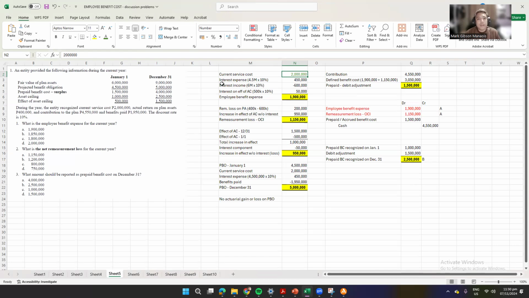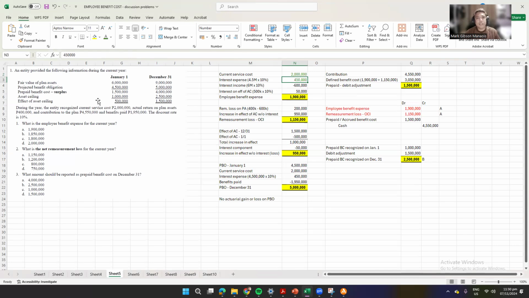That's given. Interest expense, class, alam na natin paano tayo mag-compute niyan, no? So that's 4.5 million PBO multiplied by the discount rate of 10%. So that's 450,000.